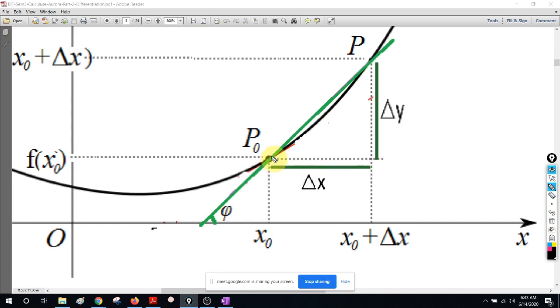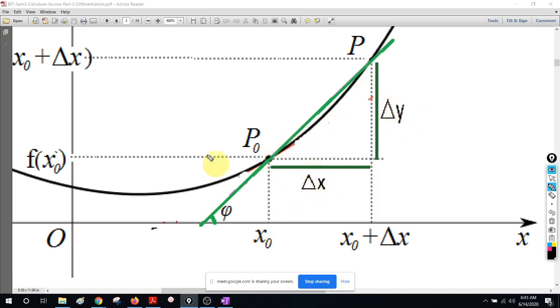This gradient I can write as, because I am interested in the tan theta value, delta y divided by delta x, right? That is the gradient of this green line. I know that those two are different, but somewhat closer. So for the time being, let's write the gradient of this line as delta y divided by delta x.